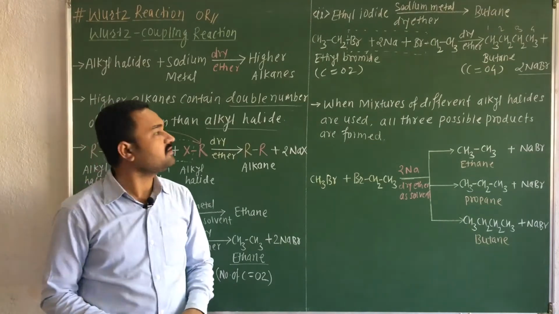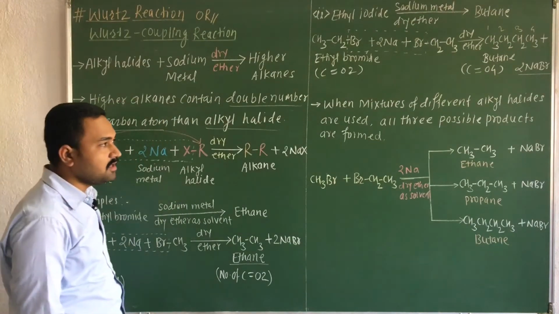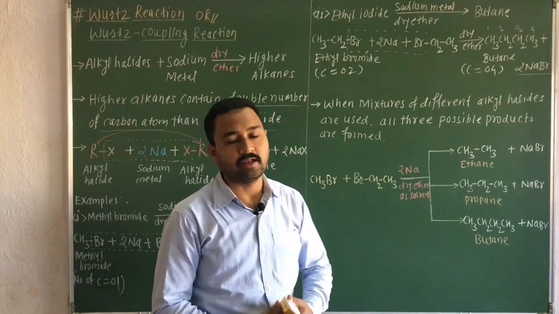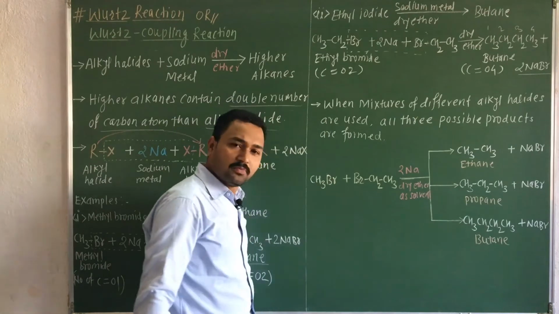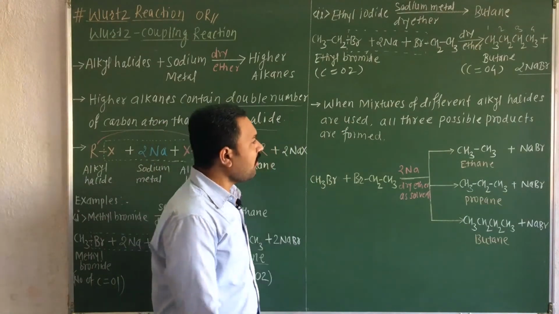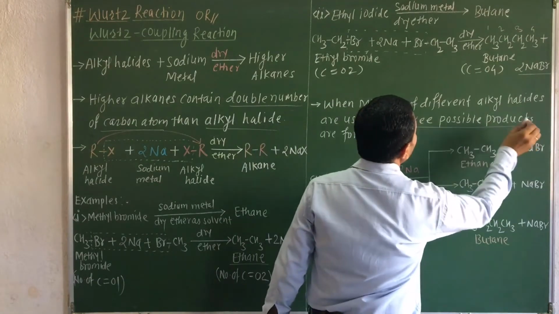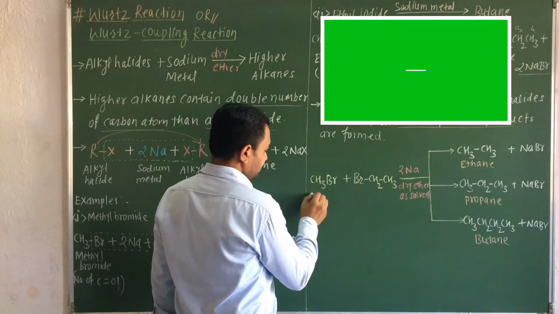Again, just imagine that instead of taking the same alkyl halides, I take a mixture of alkyl halides. Then what happens? When a mixture of different alkyl halides is used, all three possible products are formed. Let us take the example of methyl bromide.